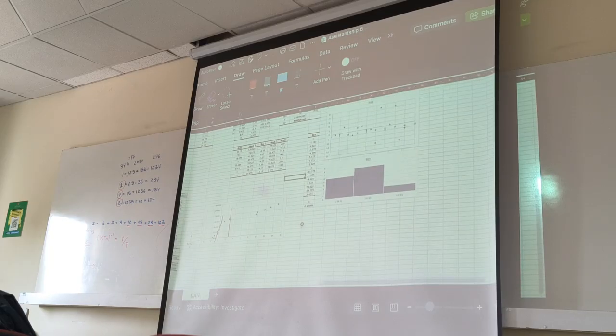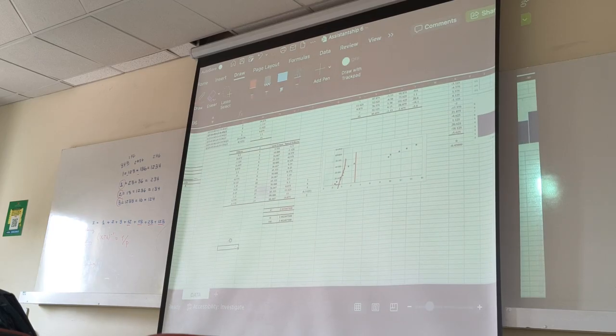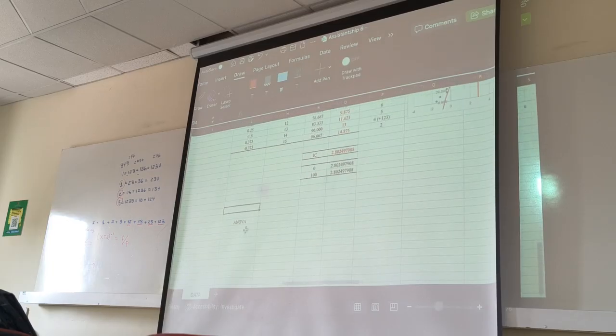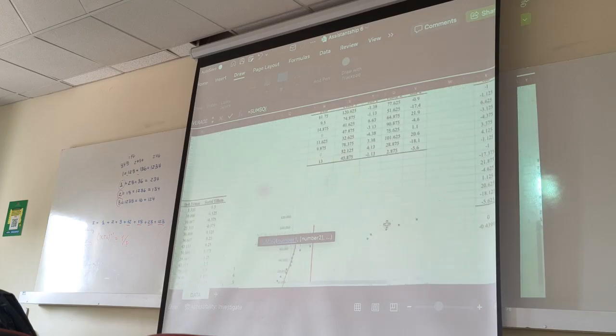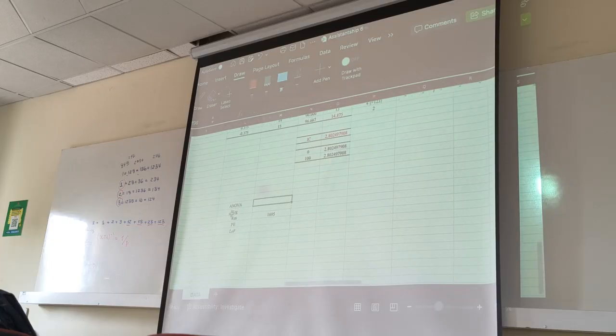Yes? Well, the ANOVAs we saw always. We get the regression part, the residual part, the error part, and the lack of fit part. So the regression part is not that important. The most important part is the lack of fit. For the residuals, it will be the square. And the residuals is this.